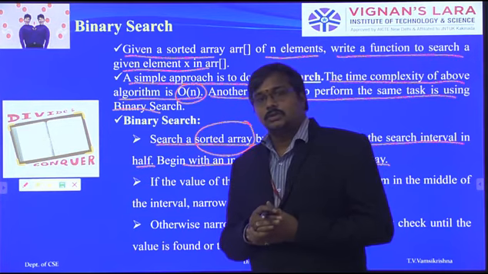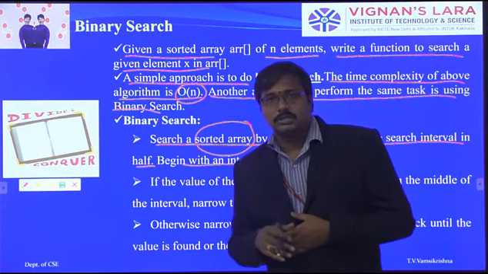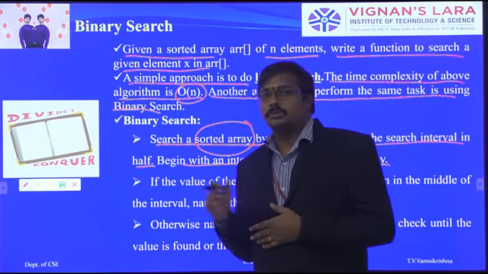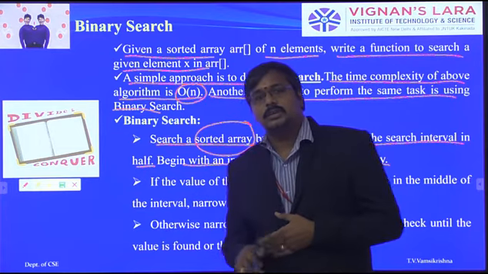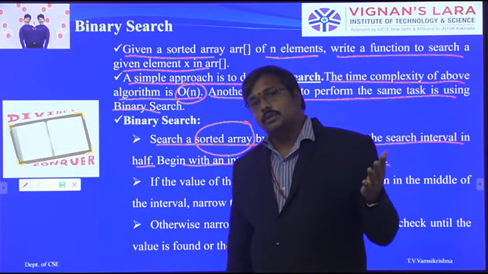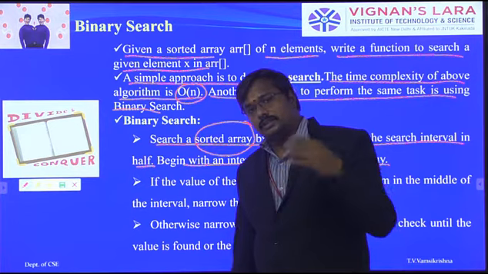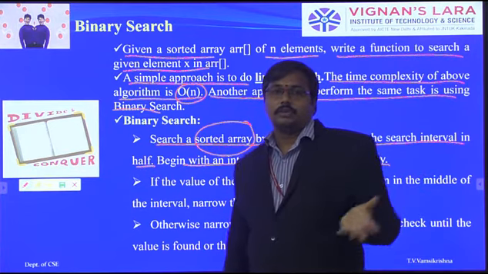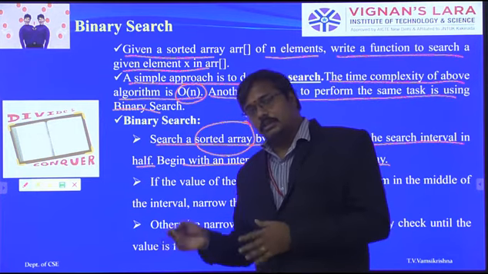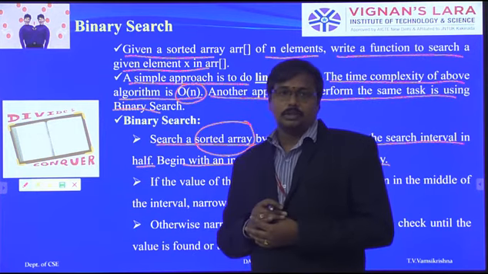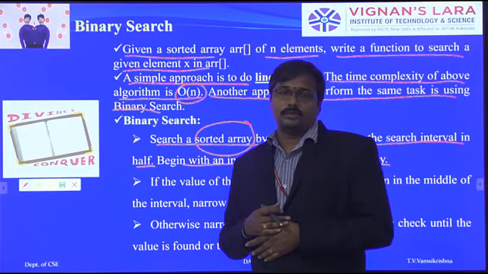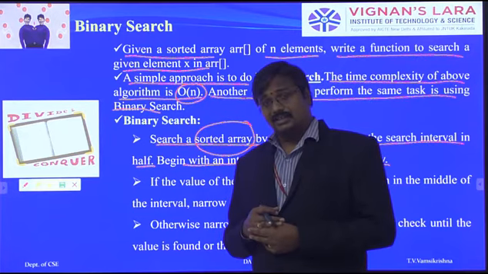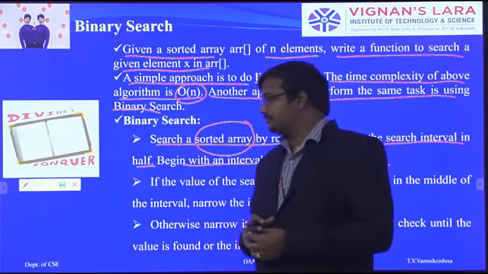If it is, simply return the position. If not, we check either the left half or the right half. If the element is lesser than mid, it is definitely on the left side of the array. If it is greater than mid, it may be on the right side. We repeat the same exercise until the element is found or not.